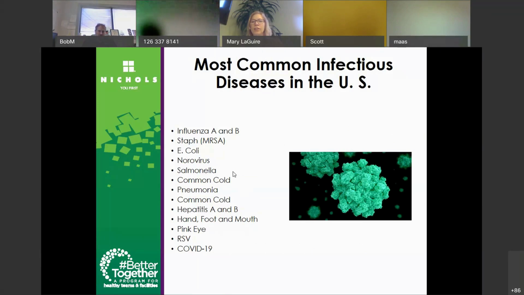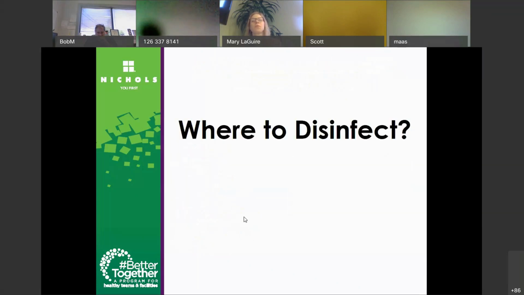Staph, E. coli, norovirus is a really nasty one as well that can spread quickly. Salmonella, common cold, pneumonia, common cold again because it's common, hepatitis A and B, hand, foot, and mouth, pink eye, RSV is another respiratory virus that is becoming more and more popular, and then of course COVID-19.